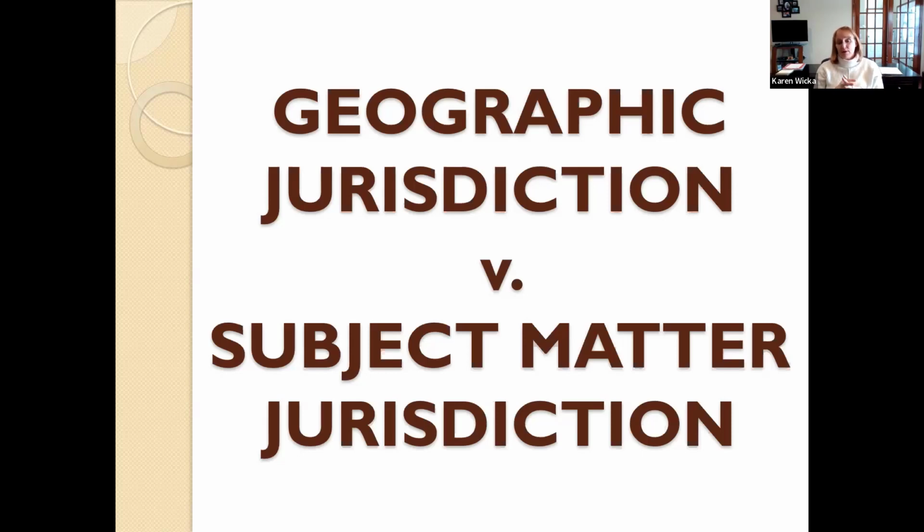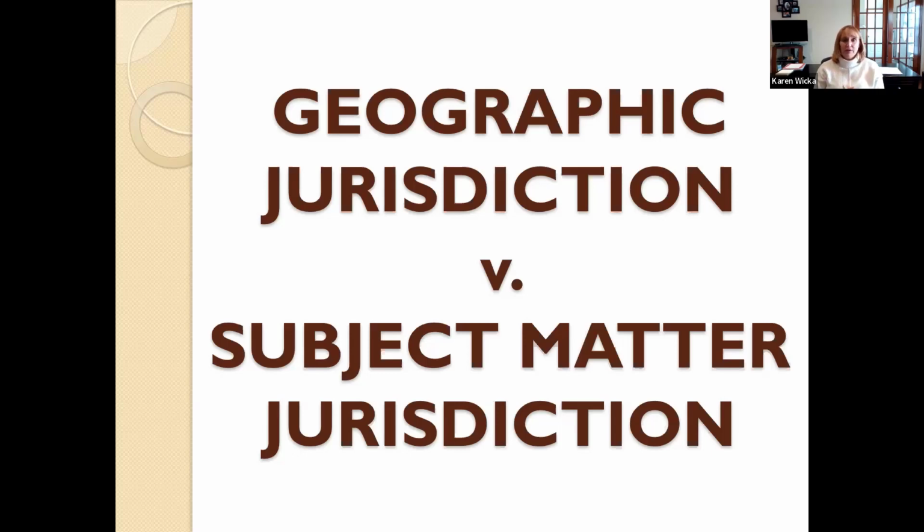Another way that we separate courts out is what we call subject matter jurisdiction. There are certain courts that can only hear certain subjects. Okay, so in New York, we have county courts, and county courts only hear criminal cases and then minor civil cases. We have surrogate court. Surrogate court hears cases dealing with wills and trusts and estates.